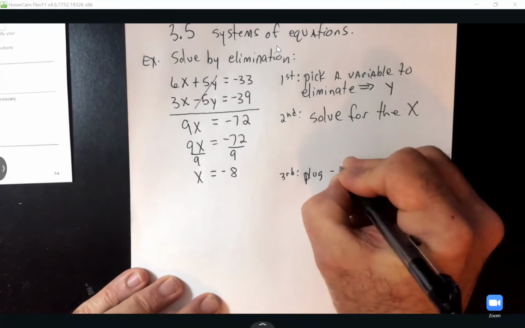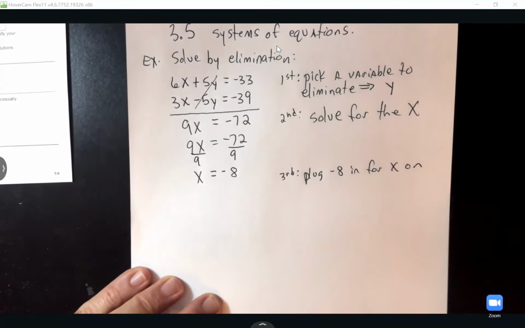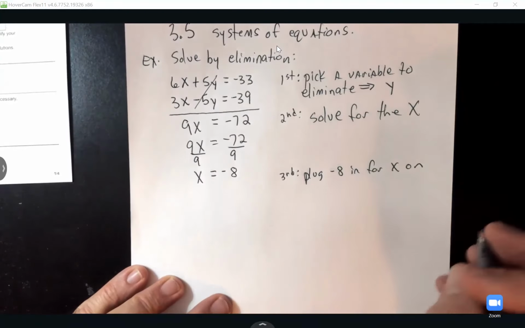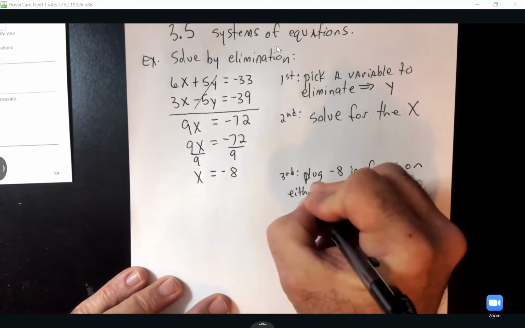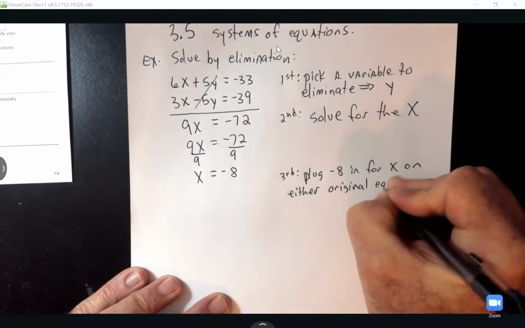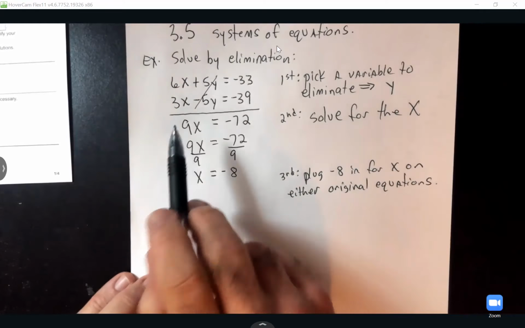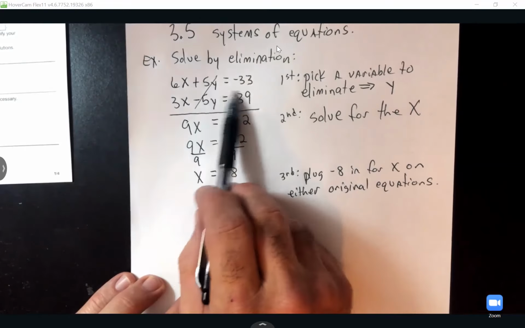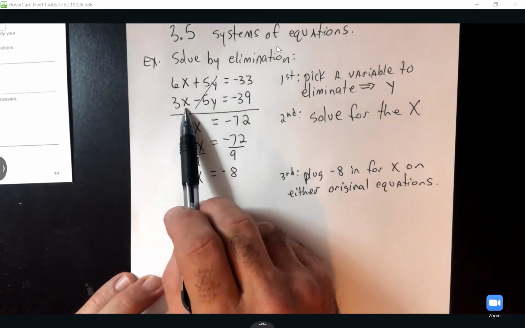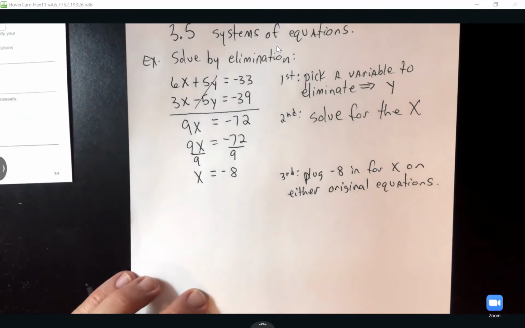plug negative 8 in for x on either of the original equations. So y'all, which one's easier? 6x plus 5y equals negative 33. 3x minus 5y equals negative 39. Which one y'all want me to use?